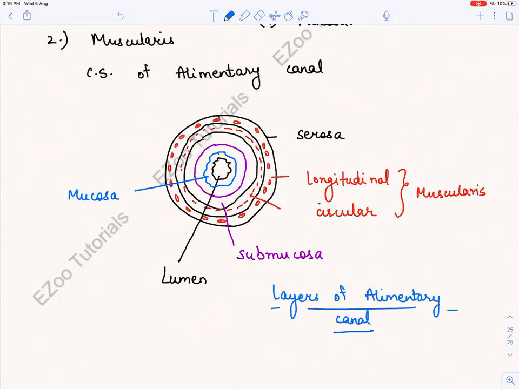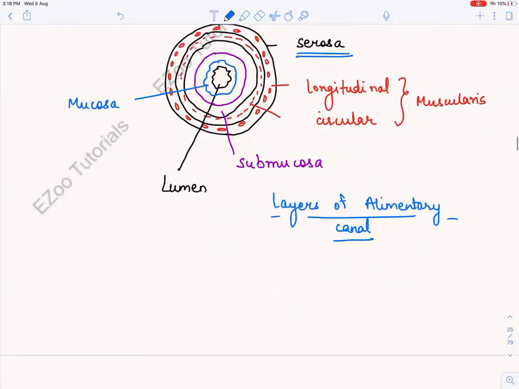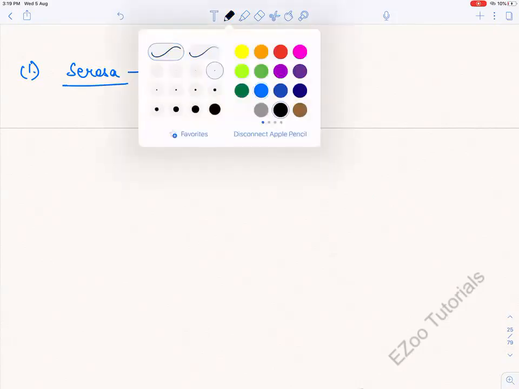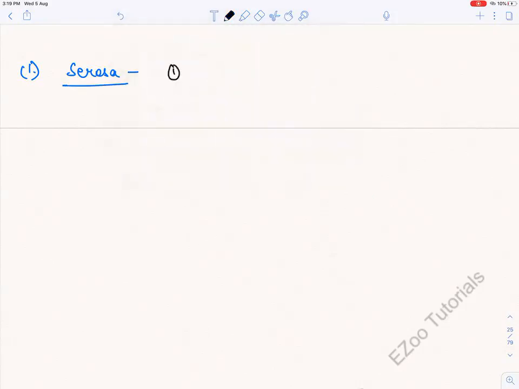Now let us first start with serosa, or we can also call it visceral peritoneum. So what is serosa? First of all, it is the outermost layer, and it is composed of what?